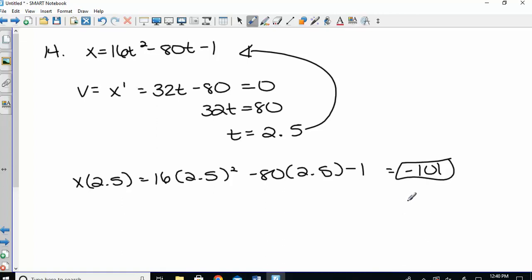And then it asks for the average velocity from 1 second to 4 seconds. So those are like your x values. How do you get your y's? Plug it into your position. So if I do that, we get negative 65? What do you get when you plug 4 in?